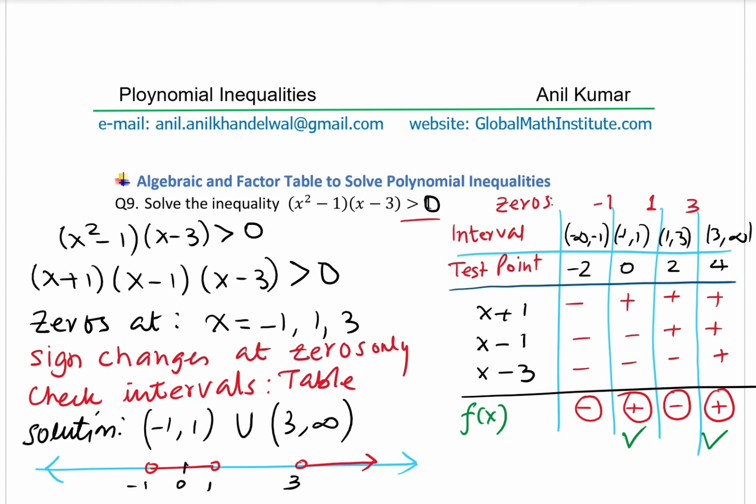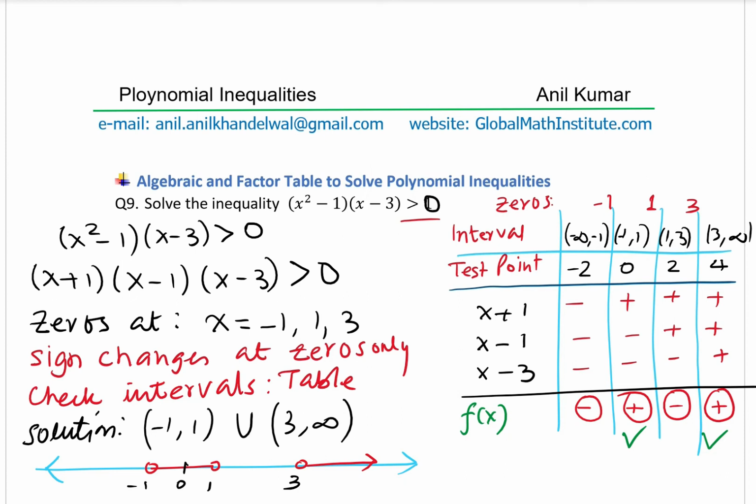So once again, when we are solving algebraically, you have to bring all the terms to the left side, factor them. Once you factor, find the zeros, and then make a table. On a table, remember, if n is the number of zeros, then n plus 1 is the number of intervals.